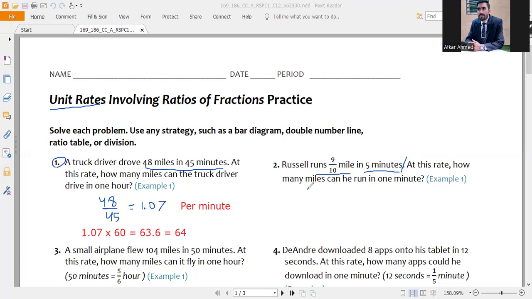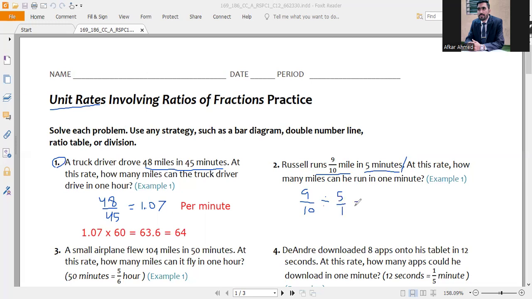I will first divide 9 over 10. I want to divide 9 over 10 by 5, because this is a fraction, so I will write here in this form, divide by 5. Now this one is a fraction and this one is not a fraction, and we know how to solve two fractions.